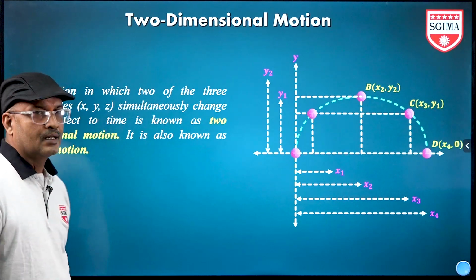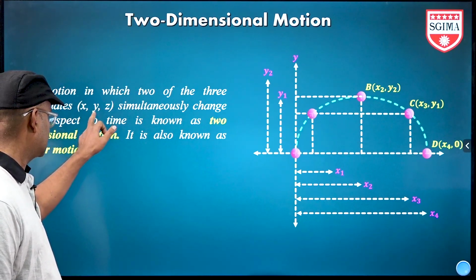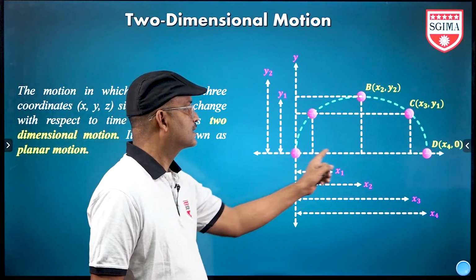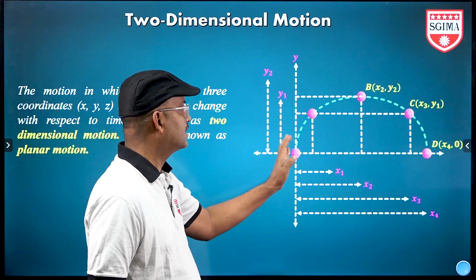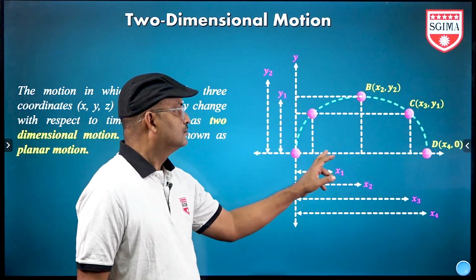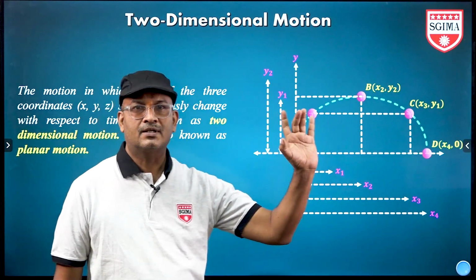In the motion, two of the three coordinates x, y and z, actually in space there are three coordinates: x axis, y axis and z axis, any two of them, x or y, are changing with time.